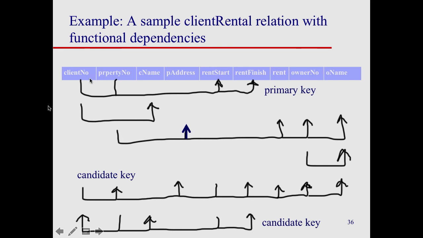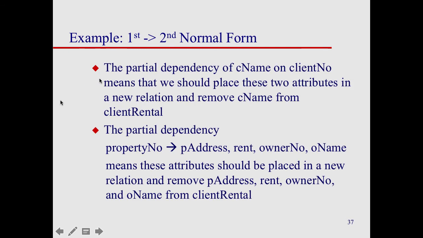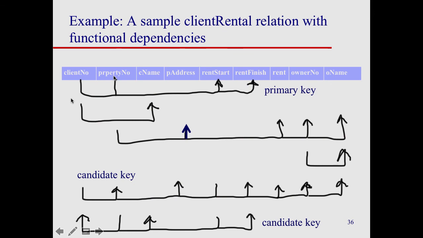So if we were to say that the property address depends on client number and property number, well, that's a partial dependency because, in fact, property address depends only on property number by itself. Client number is superfluous. So we want to get rid of this so-called partial dependency of all attributes on property number alone. And similarly, we want to get rid of this so-called partial dependency of client name on client number.